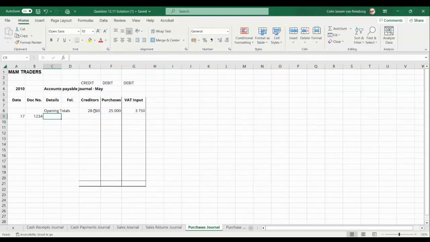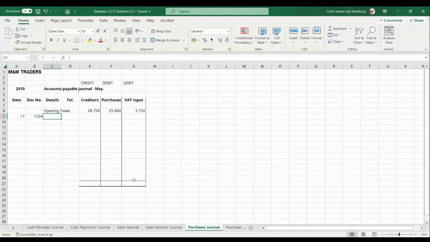We said on Monday that when it comes to our creditors account, our accounts payable account in the general ledger, we are only going to post the totals, right? The same with the purchases. At the end of the month, we're only going to post the total. The same with our VAT input. At the end of the month, we're only going to post our total to the general ledger account.